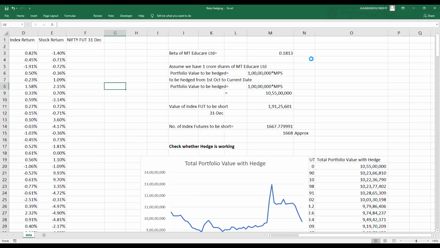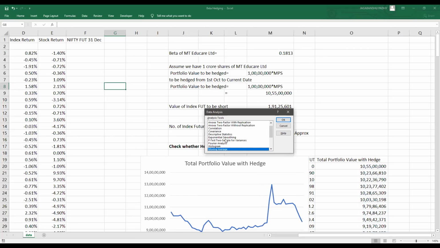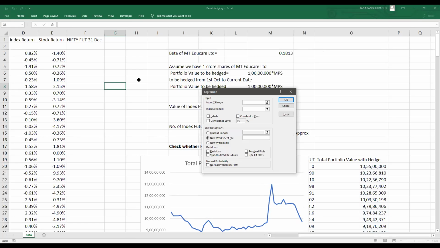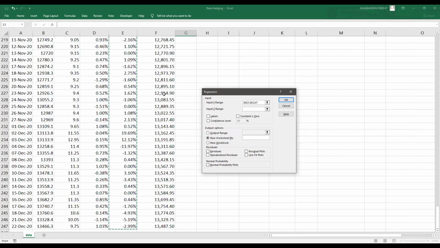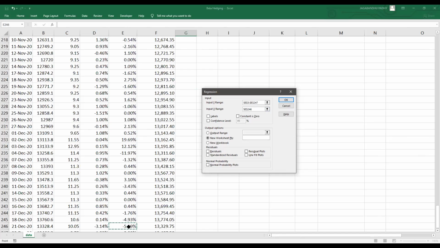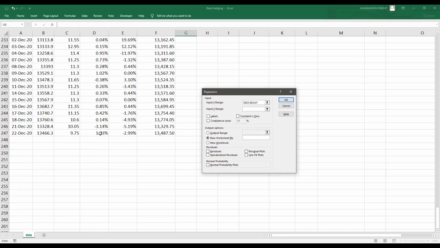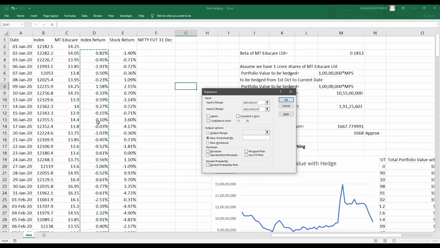I hope you would have gone to data analysis. Then there we do the regression. Input Y range is the stock return. Input X range is the index return.